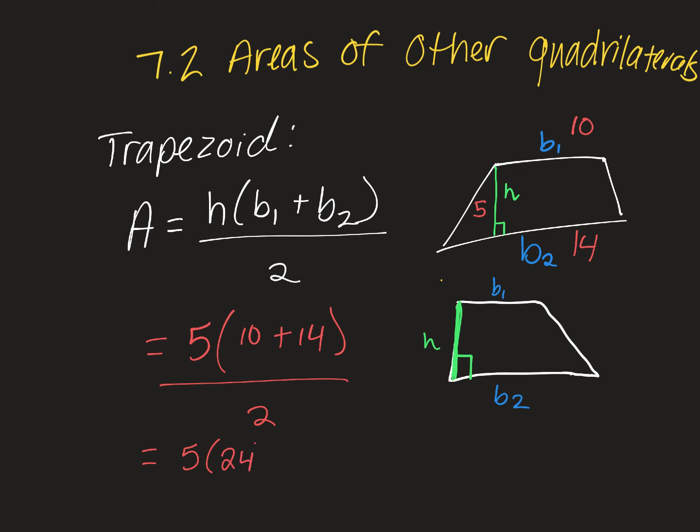So we're going to multiply the 5 and the 24 and then divide by 2. 5 times 24 is 120. So 120 over 2, which is 60. Right? So remember, order of operations, you're going to add first, then multiply, then divide. Okay?